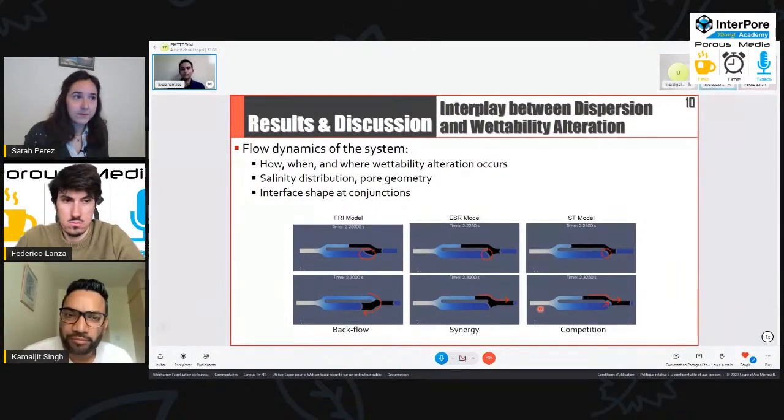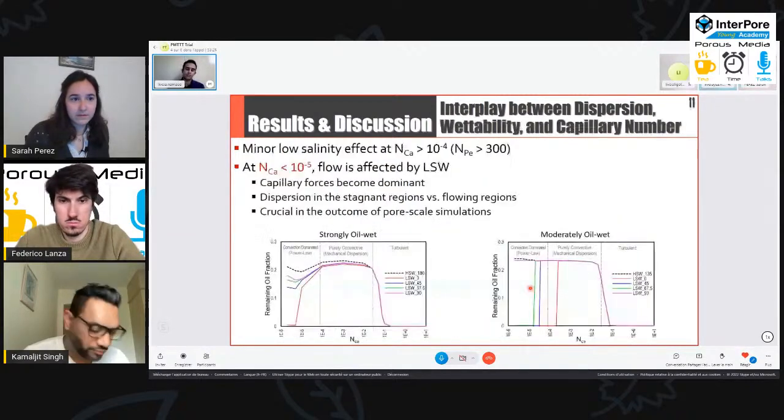So we can see that it's not easy to say what is going on in the system, even based on this simple geometry. Many different mechanisms may be involved in this problem. At the final level of our study, we studied the interplay between dispersion rate, wettability, and capillary number.